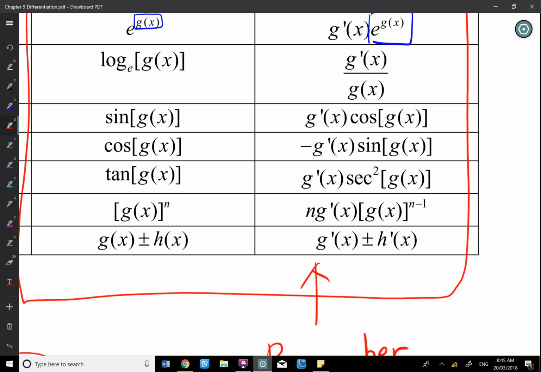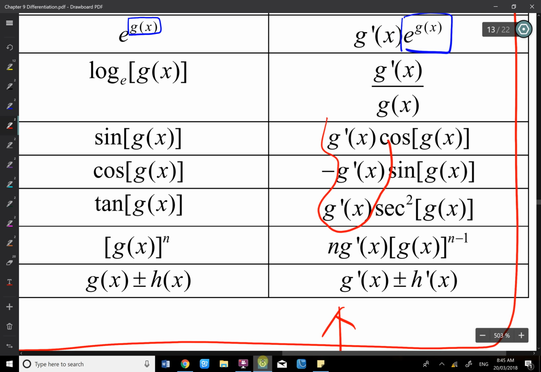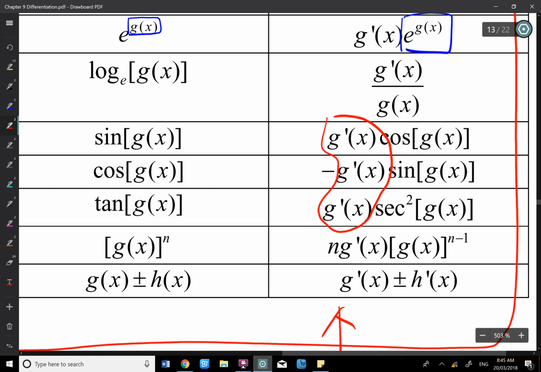Now the sine function, so we can see the pattern. Sine, cosine, and tangent with some g of x: we always have a g dash x in the front. We always need to derive the inside. Doesn't matter what kind of formula, log e or exponential or circular functions, we always derive the inside first, like g dash x first. And then sine will become cosine. So there are pairs.